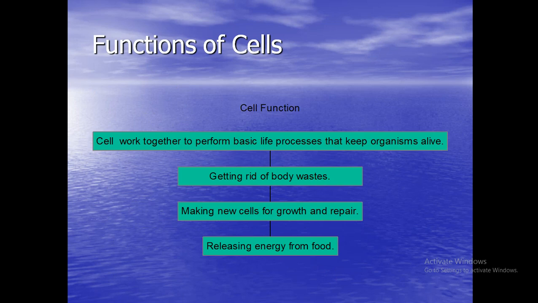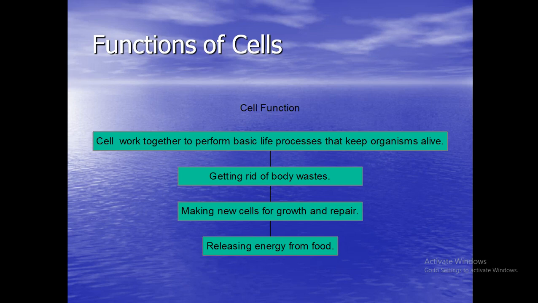Now, for the very purpose of keeping an organism alive, cells have to work together in all multicellular organisms. To make an organism alive, cells should work together and perform all basic life processes.